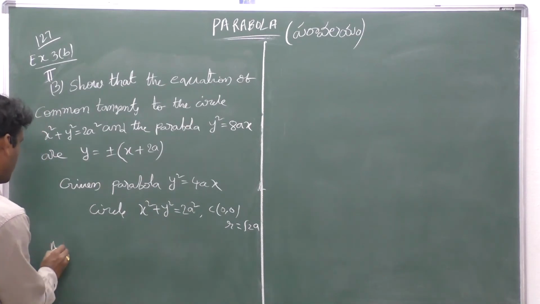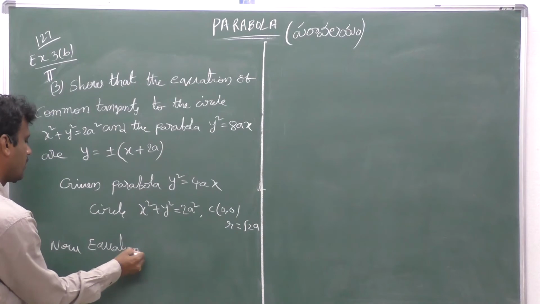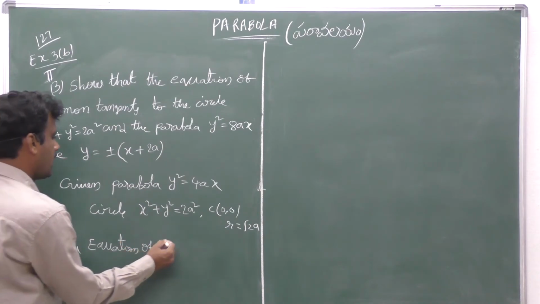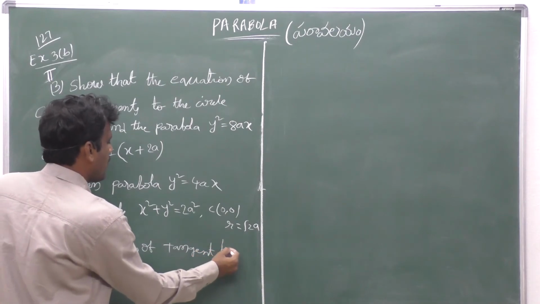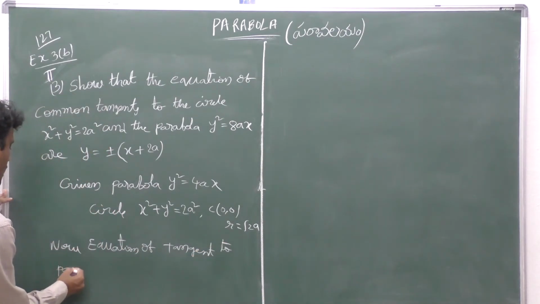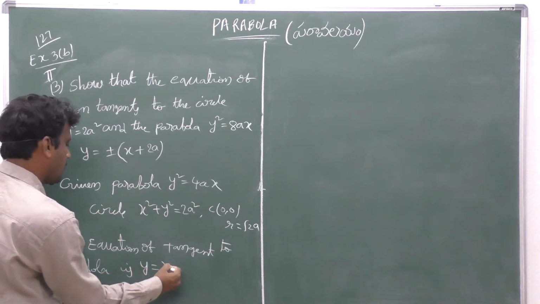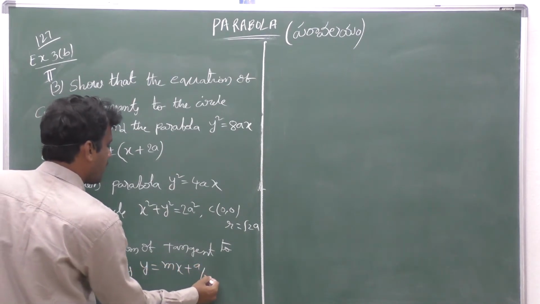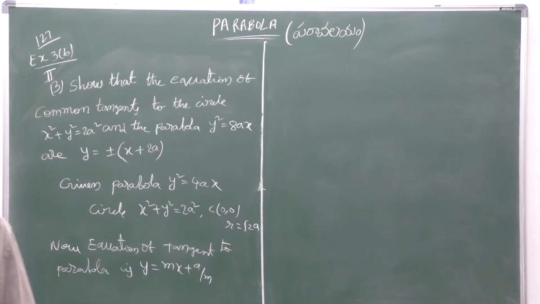Okay, now the equation of tangent to the parabola is y equal to mx plus a by m, that is y equal to mx plus c, where c equals a by m.